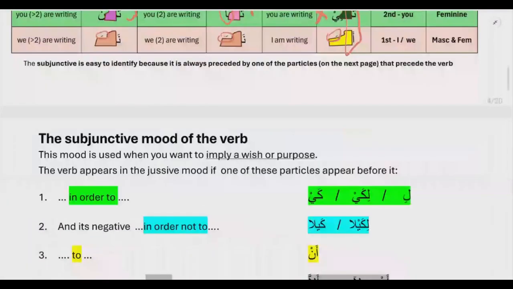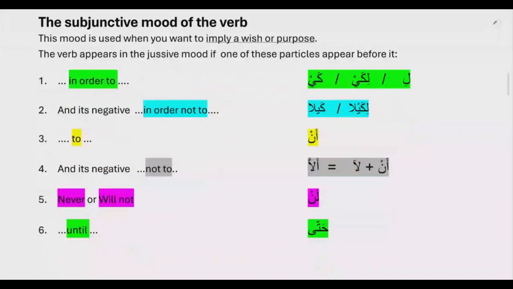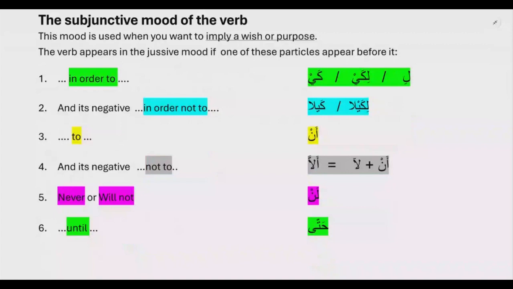Okay, then we looked at the main particles, and this is the page or the slide that you should remember. If you see any of these particles, and this first one is a group of them, which means they're exactly the same thing. So you can either use li joined to a word, or li ka as a separate word, or even ka as a separate word. All of them mean in order to do something else, right?